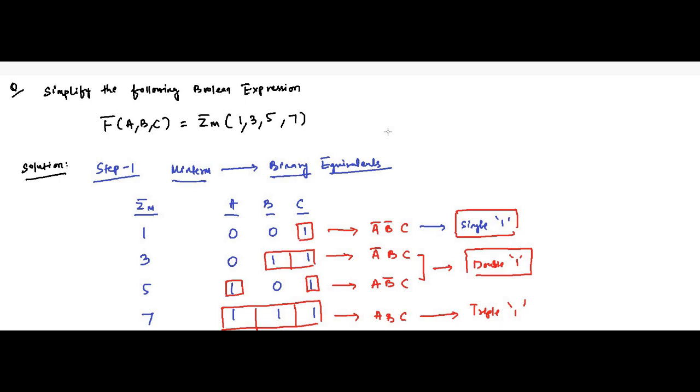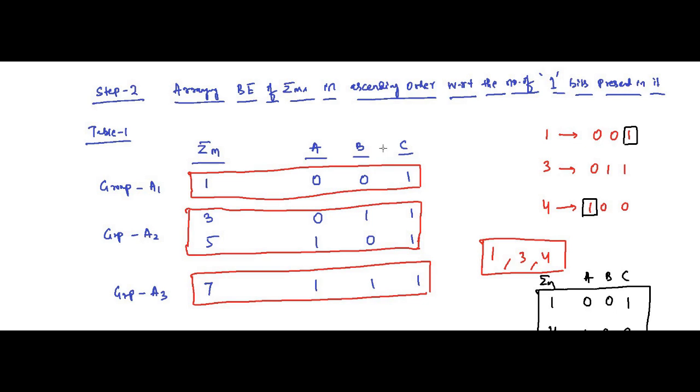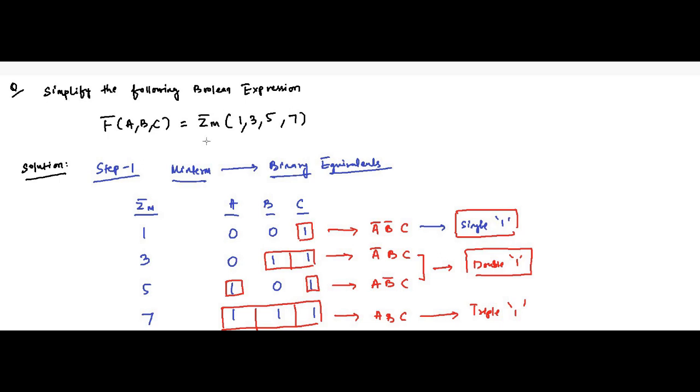When the variables increase greater than 5, 6, 7, 8, then the QMT method comes handy, because it is lengthy of course, but the chances of mistakes will be less, and it is almost impossible to use the K-map to solve 6, 7, 8 variable Boolean expressions. 6, 7, 8 variable Boolean expressions never come in the exam, but in order to have an idea of what the Quine-McCluskey method is, I first started with the 3 variable Boolean expression.